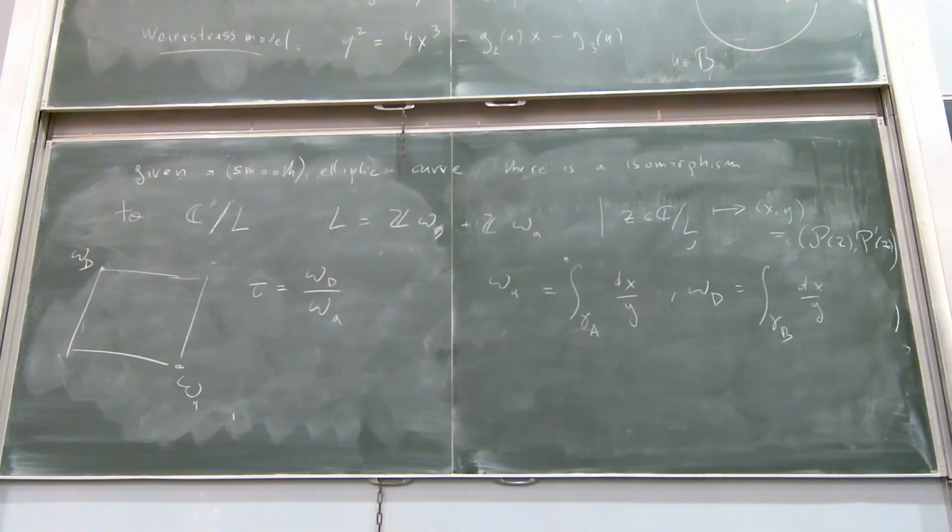Curly P, it's hard to write curly on the board, is the standard Weierstrass function. It's defined in terms of the periods.